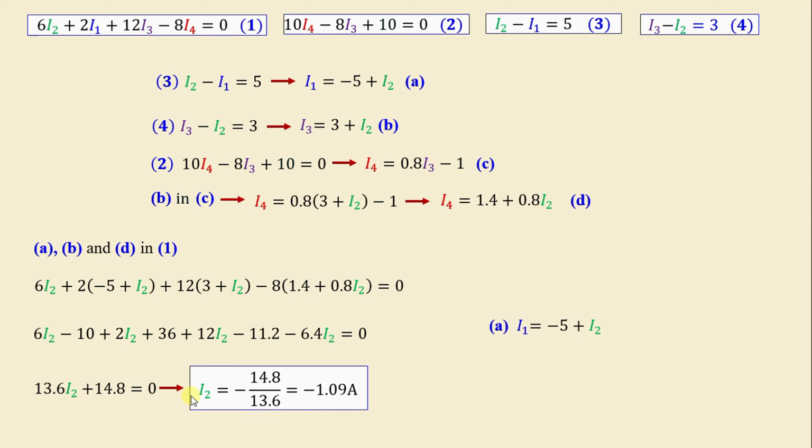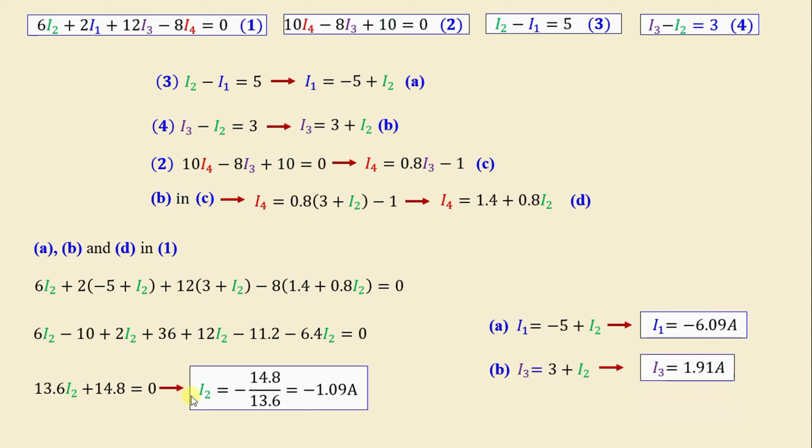We go back to equation A. We have I1 is equal to negative 5 plus I2. If we replace I2 with its value, we obtain I1 is equal to negative 6.09 amps. We go now to equation B. We have I3 is equal to 3 plus I2. If we replace I2 with its value, we obtain I3 is equal to 1.91 amps.